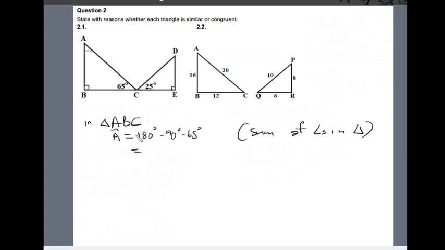Meaning angle A will be equal to 180 minus 90 minus 65, which is 25. So angle A will be equal to 25. So this angle here is 25 degrees, right?